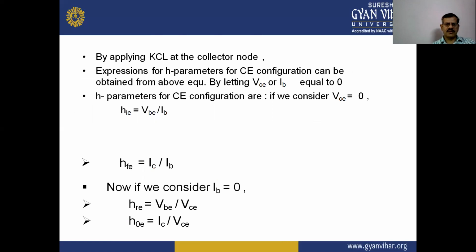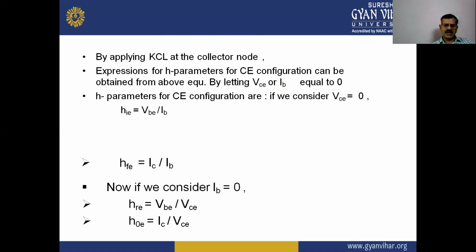H parameters for CE configuration are, if we consider VCE equal to 0, hie equal to VBE upon IB, and also hfe equal to IC upon IB. So hfe is the ratio of collector current to base current.